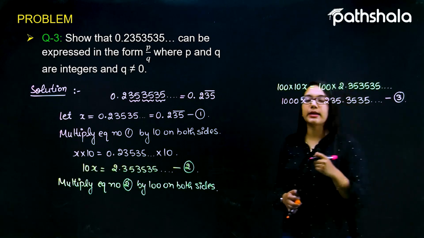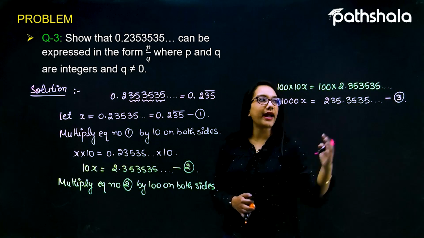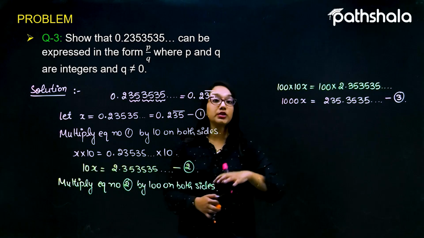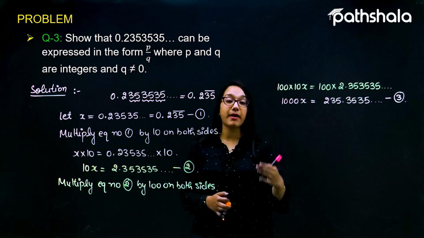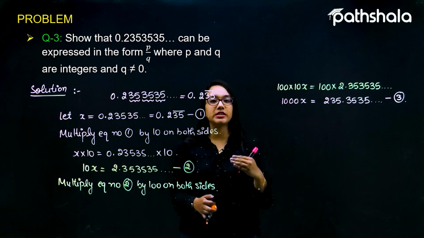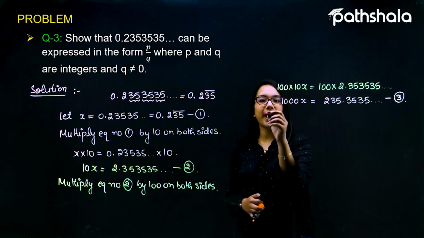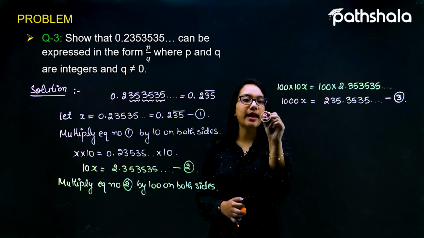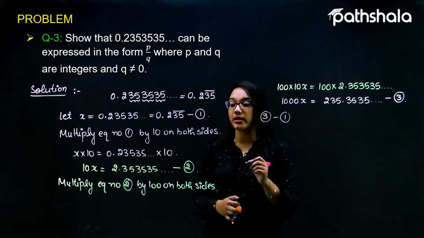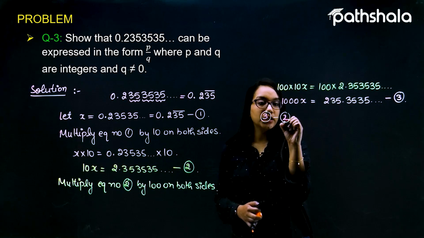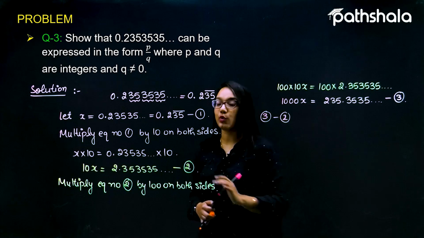Now the next step would be to subtract equation number 2 from equation number 3, in order to get the p by q form of the number 0.235 bar. So we are subtracting equation 3 minus equation 2.